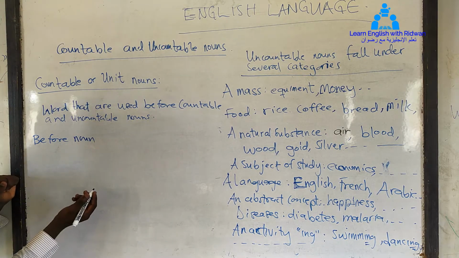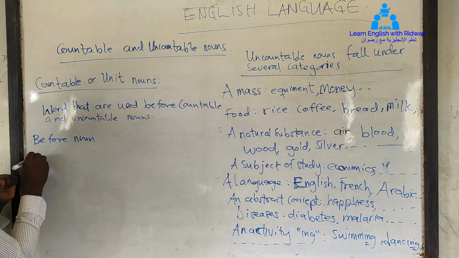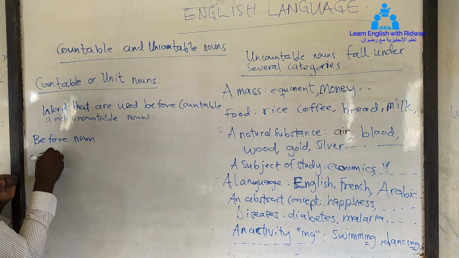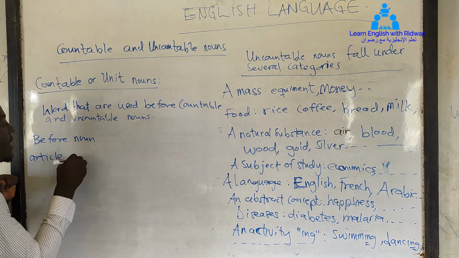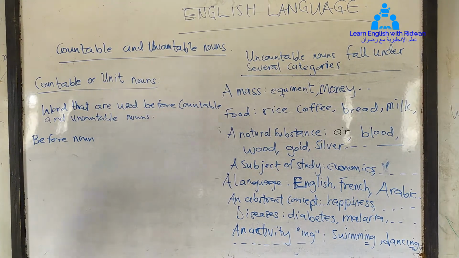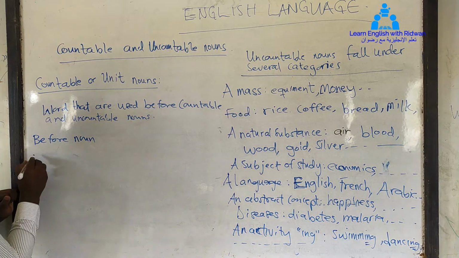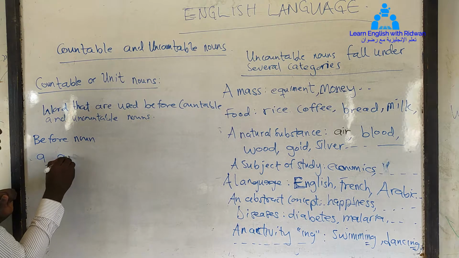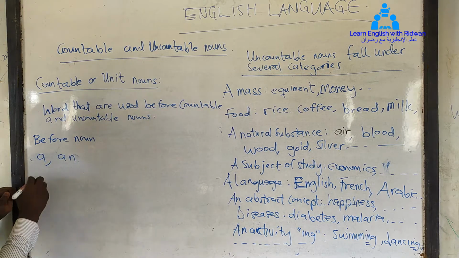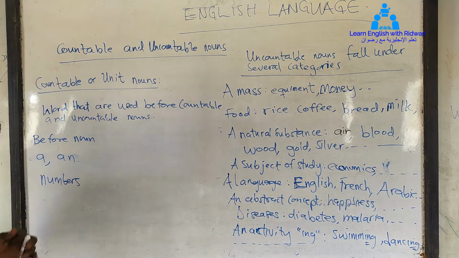So we have what? An article. An article, right? So article. That will be either a. That is indefinite article. Let me be very specific here. Indefinite article. So we have a and an. And we have numbers. We have what? Numbers.